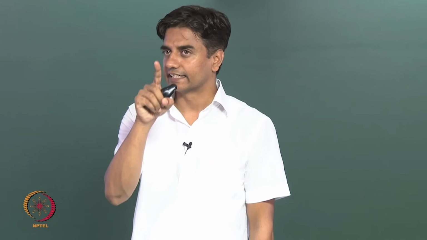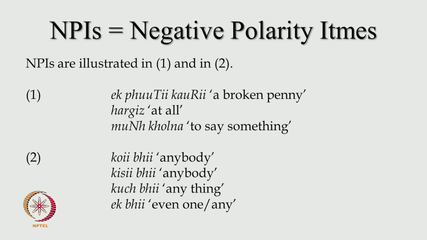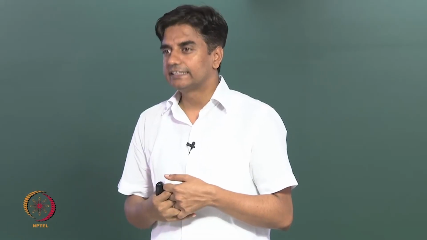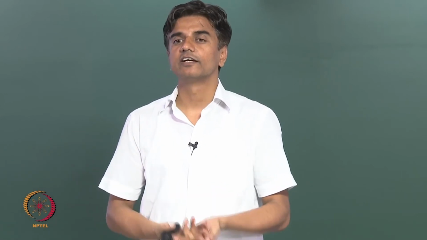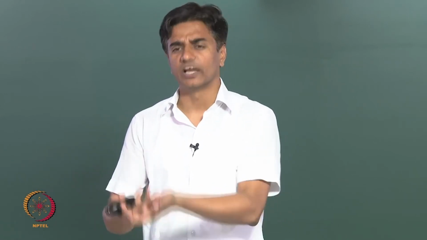Look at the second set. When these, or for that matter the first set also, are allowed with negation, technically that is called licensing, which means a negative polarity item is licensed, meaning it is allowed.